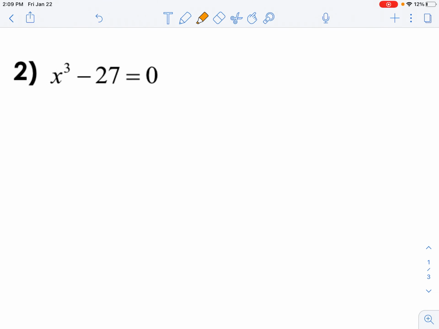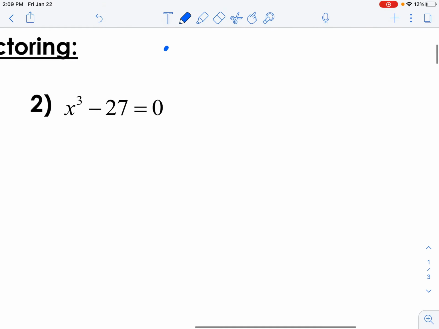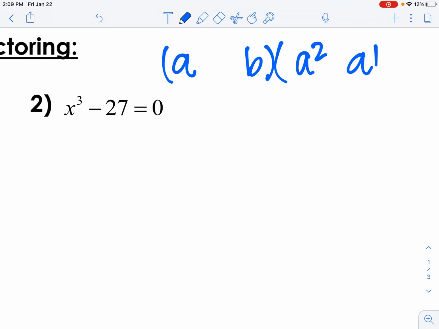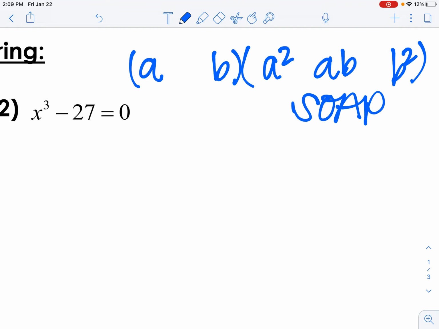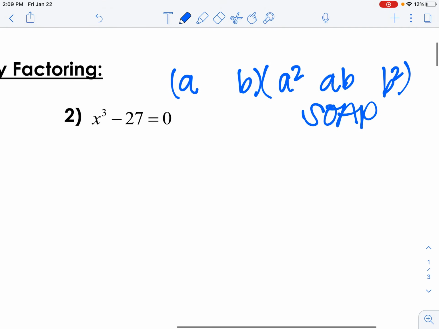Okay, over here, x cubed minus 27, that's a difference of cubes. Just as a review, our pattern for difference or sum of cubes is a minus b times a squared, ab, b squared. And our signs come from that acronym SOAP. Now if we think about it, to get x cubed, we cubed x.